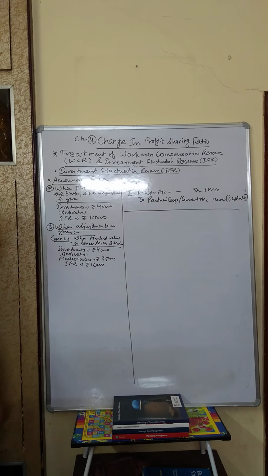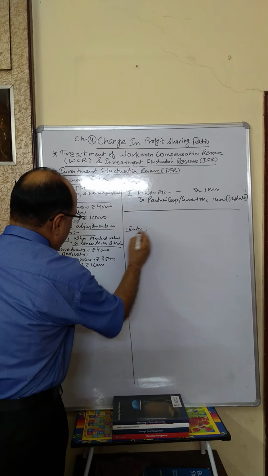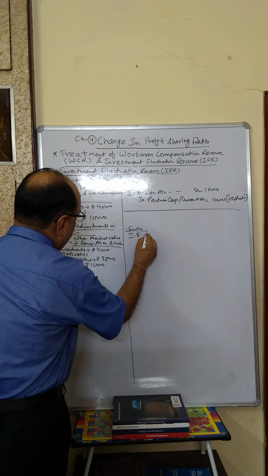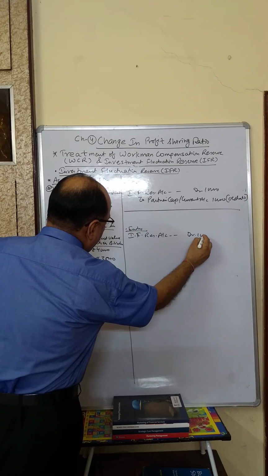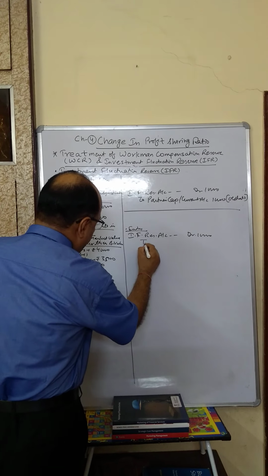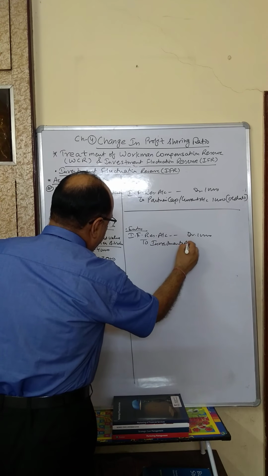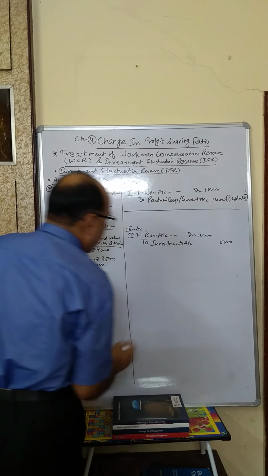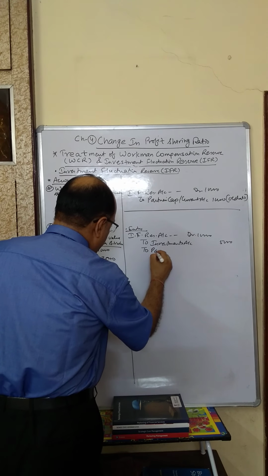Market value is lesser than the book value. 40,000 is the book value, market value is 35,000 and IFR is 10,000. So the entry in this case will be IFR account debit 10,000. 5,000 value has decreased in investments, so it will be written down to investments account 5,000, and the remaining 5,000 is distributed between the partners.